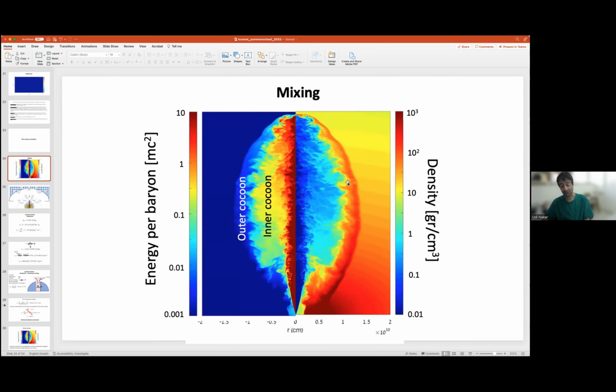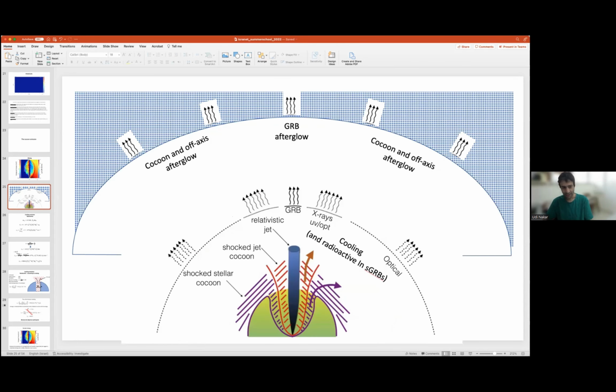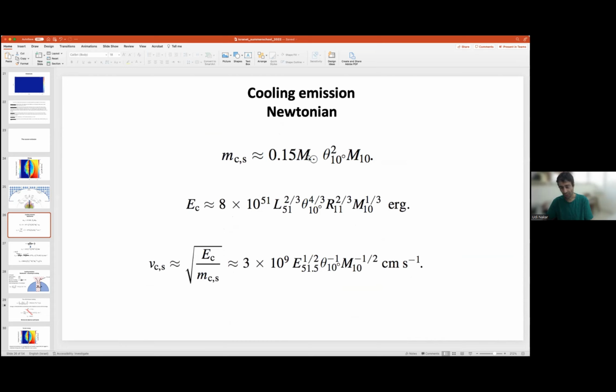So, for example, if the jet opening angle is 0.1 radian, then the volume occupied by the cocoon is roughly the volume of the star multiplied by 0.1 squared divided by 2. If we talk about a star of about 10 solar masses and an opening angle of about 10 degrees, we get that the mass in the outer cocoon is about 0.1 solar masses.